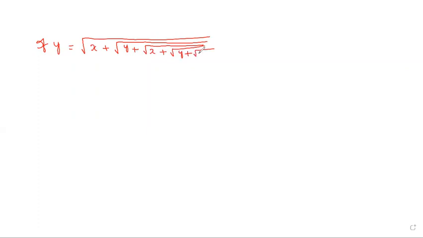Everyone see, if y is equal to root over, carefully observe, x plus root over y plus root over x, alternating x and y, root over y plus root over x plus root over y up to infinite terms, then dy by dx.